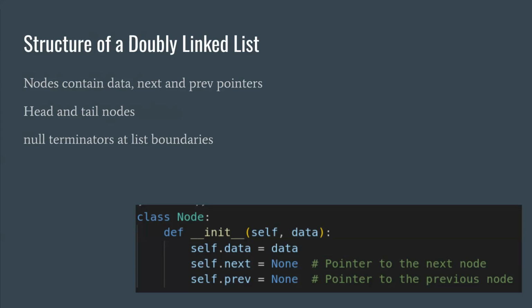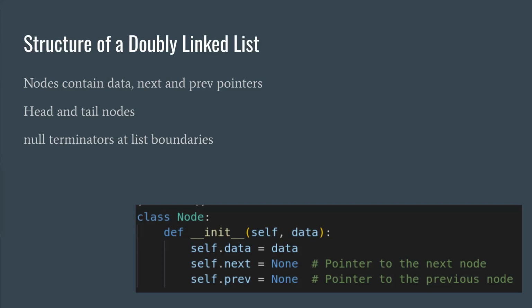One thing that is different from singly linked list is that it has a prev, which is a pointer to the previous node. This dual linkage is where we got the name doubly linked list, and this dual linkage allows us to move forward and backward through the list. So we have much more flexibility.